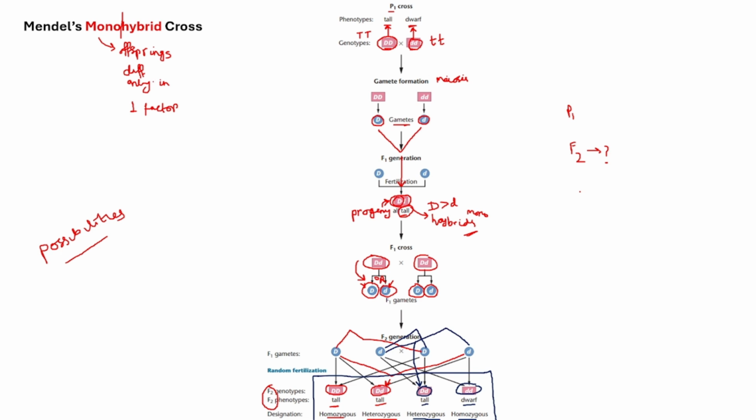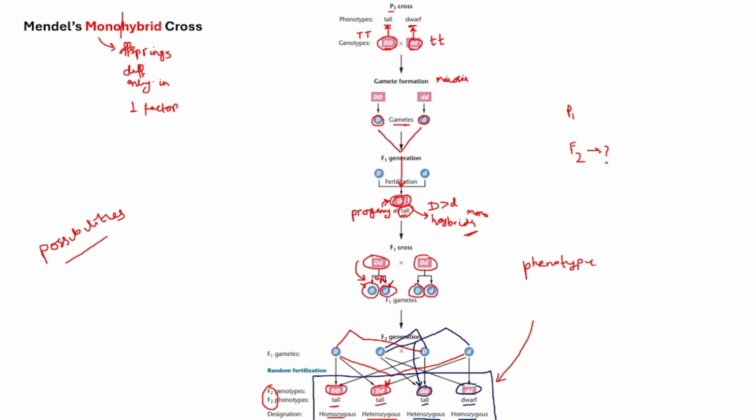Now it is very important, one thing we missed. People will ask, what is the phenotypic and genotypic ratio? Phenotype means what is visible from outside. So what is the phenotypic ratio for this?